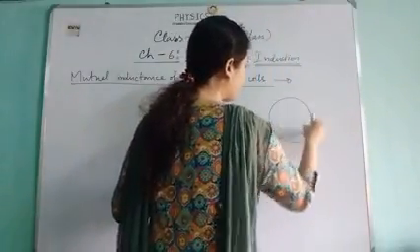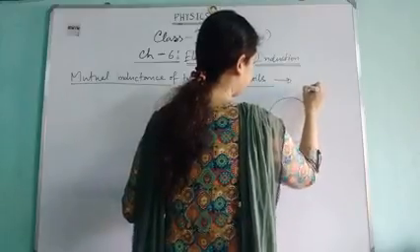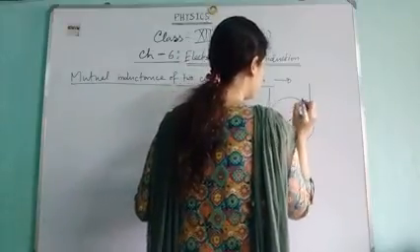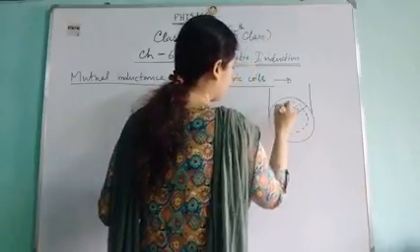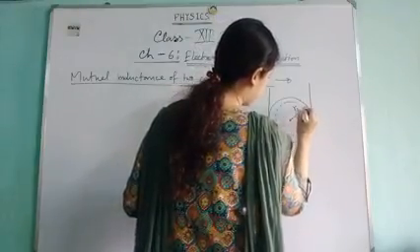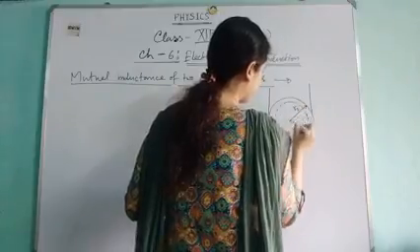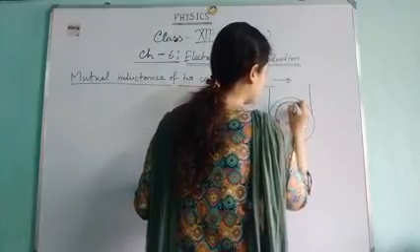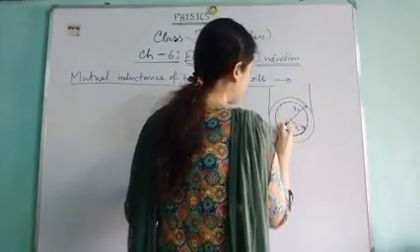Suppose here we have one coil of n number of turns, of radius, suppose R2, the outer coil, and the inner coil, let that be of radius R1.